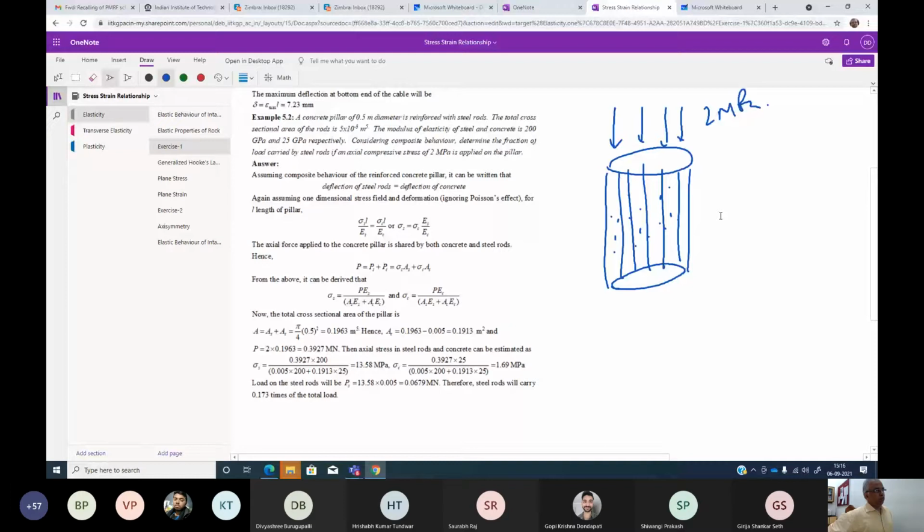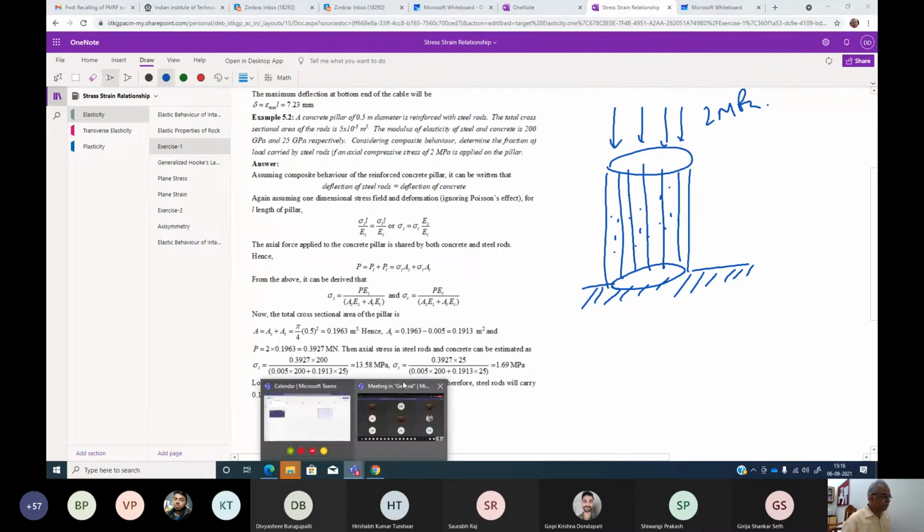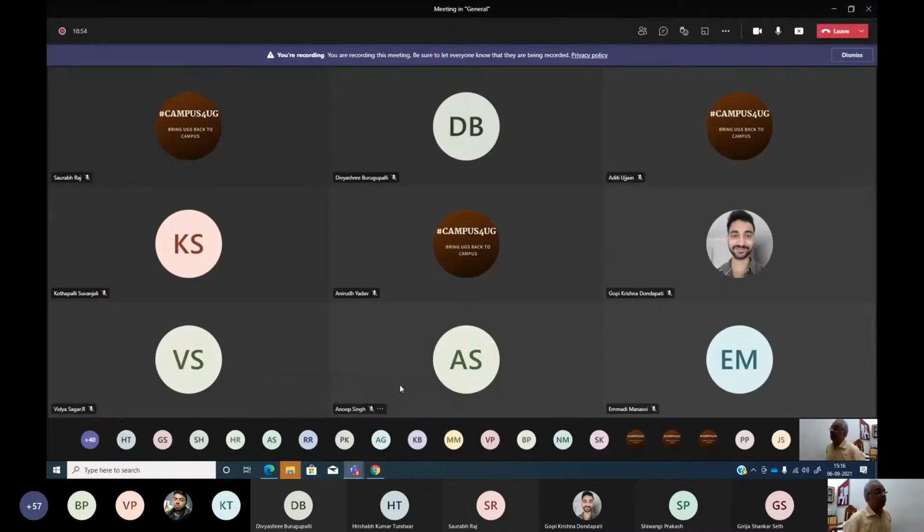So let me explain it to you. The assumption we will make: all of you have seen a concrete pillar, right? I suppose. Who has not seen one or does not understand what a concrete pillar is? Is there anybody who doesn't understand a concrete pillar?